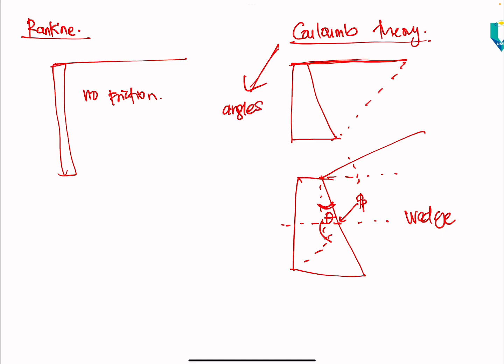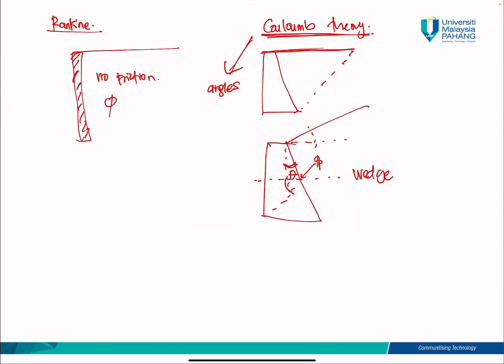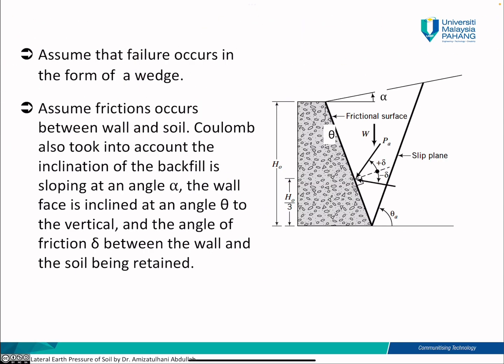Compared to Rankine, there is no angle except the internal friction angle. Other than that, there are no angles between the retaining wall and the backfill. But in Coulomb theory, you have it. You have certain angles, which I will explain soon. So here are the angles.